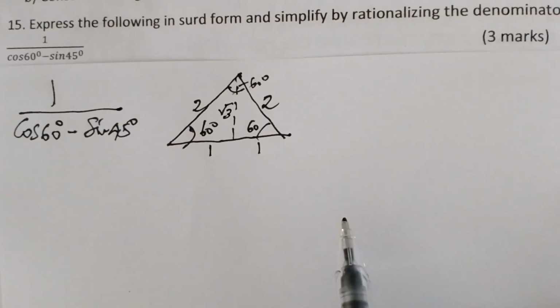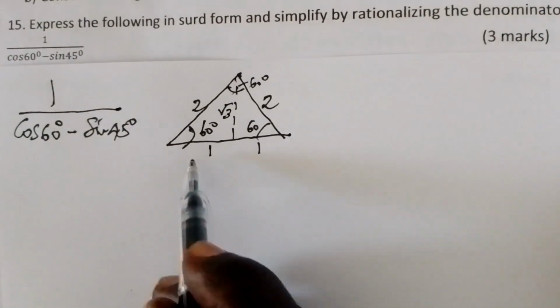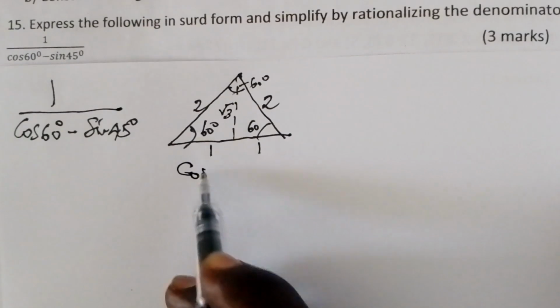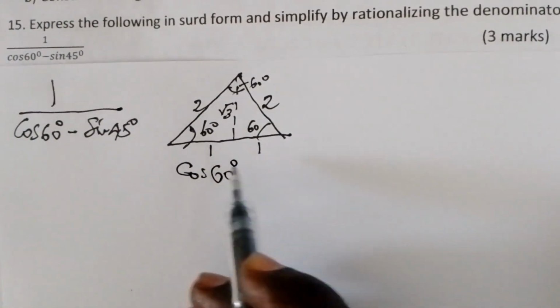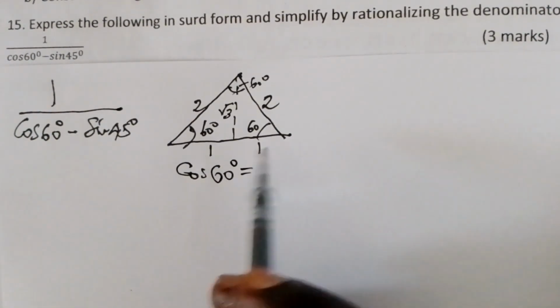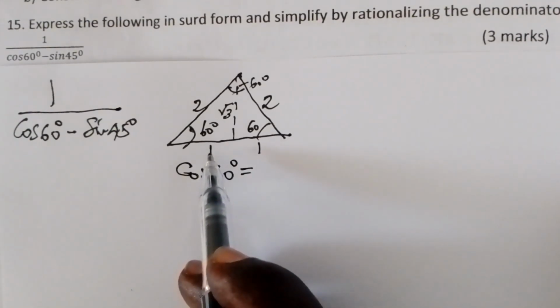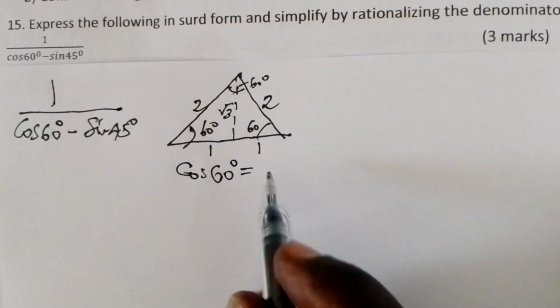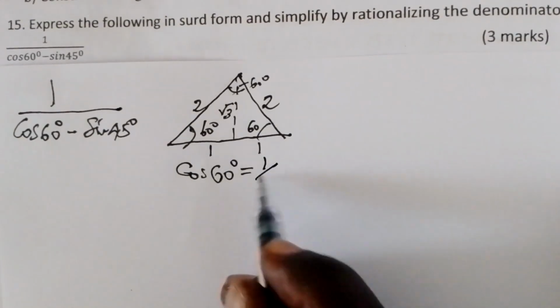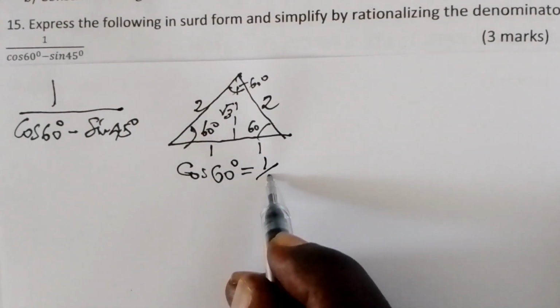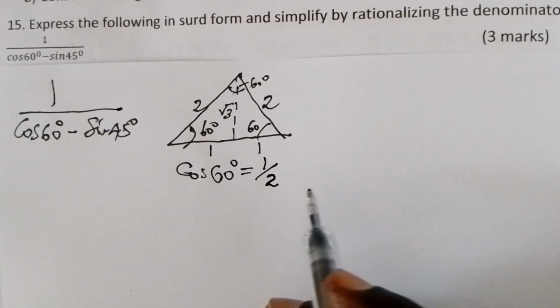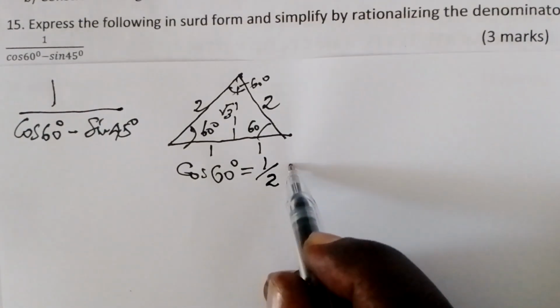Therefore, using that triangle, the cos of 60 degrees will be given by the adjacent side divided by the hypotenuse. The cos of 60 will be given by the adjacent 1 over the hypotenuse, which is 2.